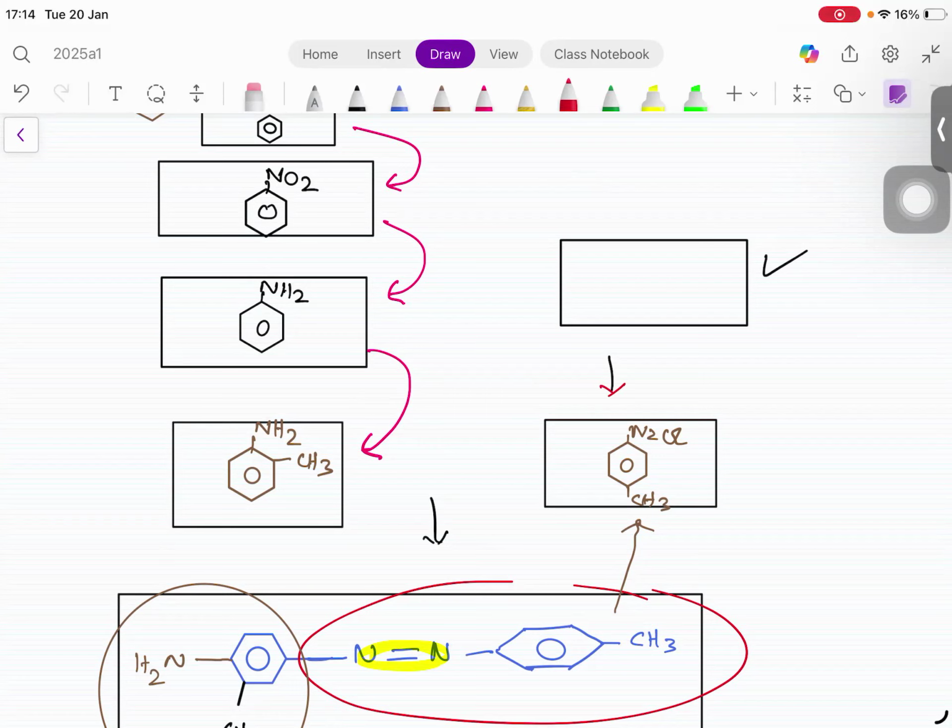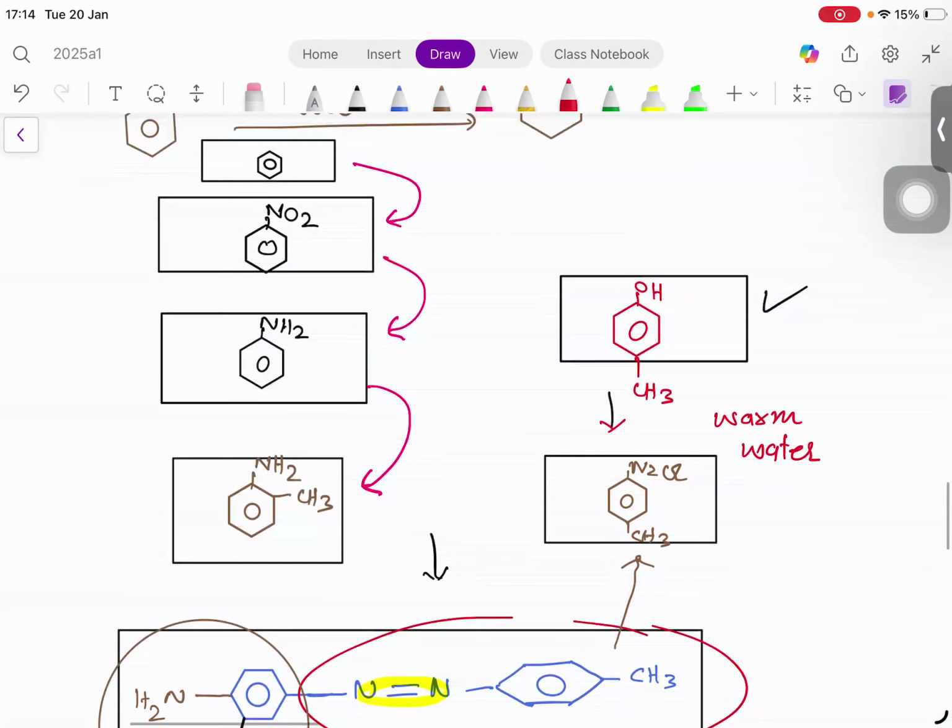No, BDC is formed from phenol. It should be a phenol with CH3 on the carbon number, because by adding warm water. Now, what are the reagent conditions for the first step? When warm water is added to BDC, phenol is formed, but this is reversed.